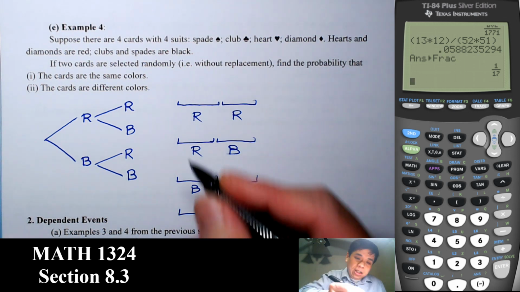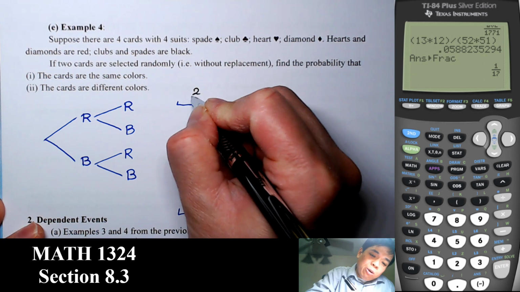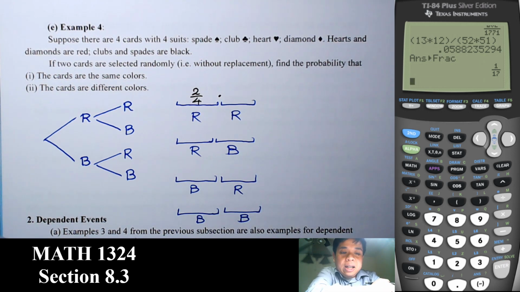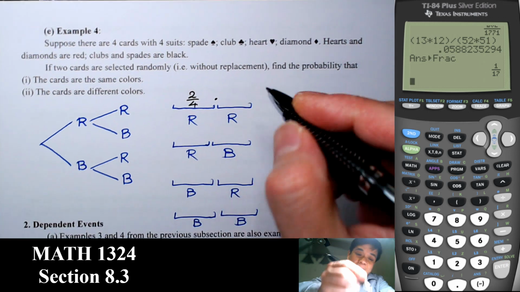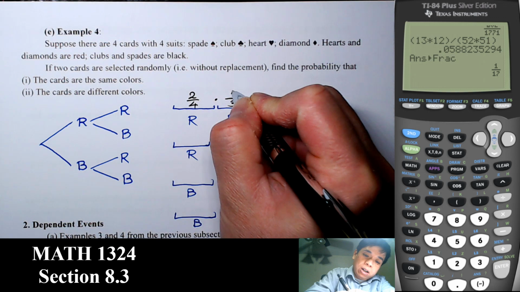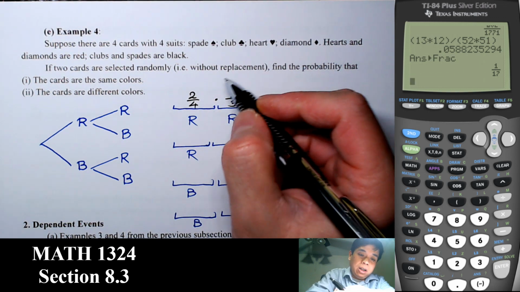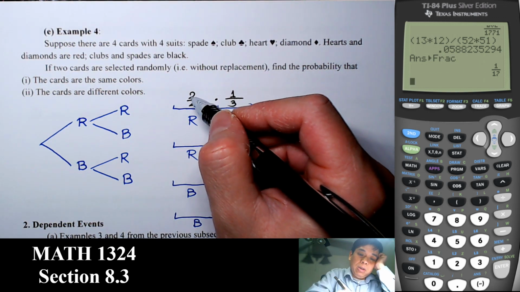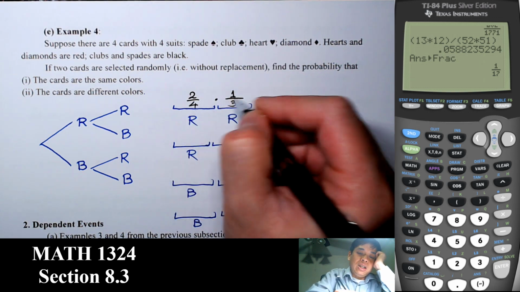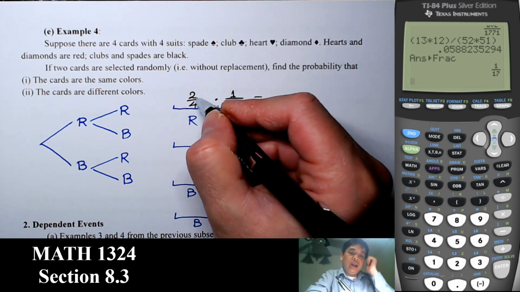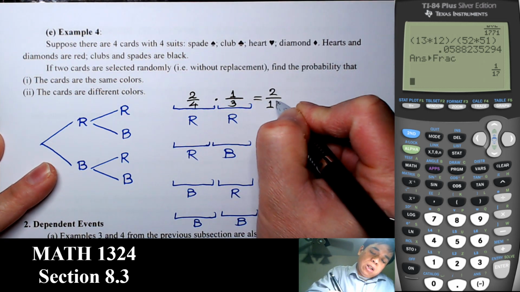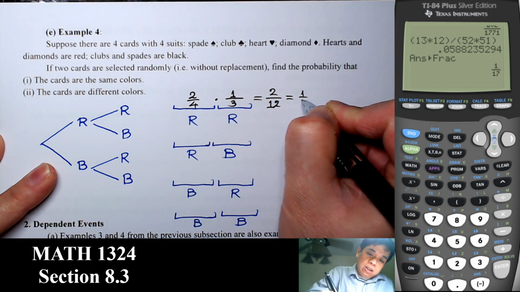Now, getting a red card, there are 2 out of 4, that's easy. Getting a red card again, now you only have 3 cards left, and out of those there's only 1 red card remain, right? Originally you have 2, but you pick that red card, then only 1 left. So red and red is this. So multiply straight across, you have 2 over 12 reduced by 2, which is 1 over 6.